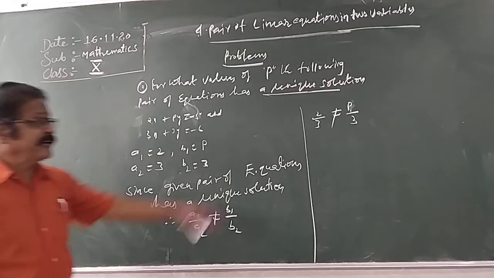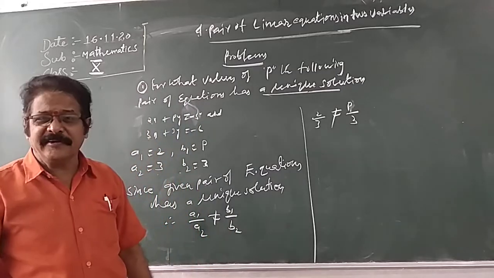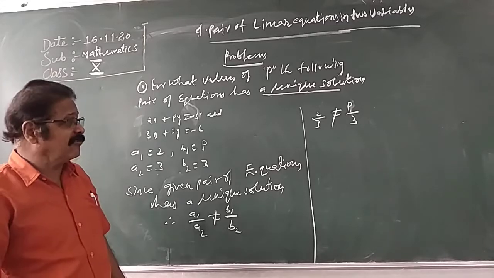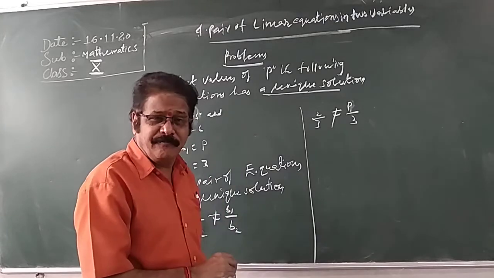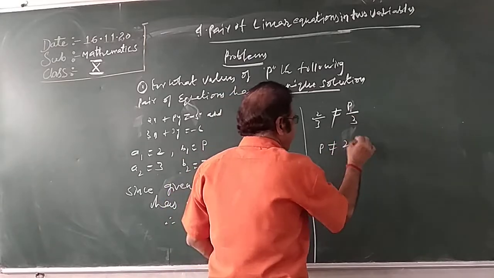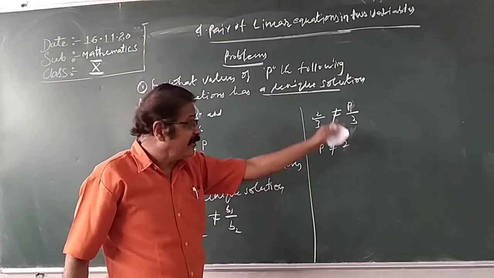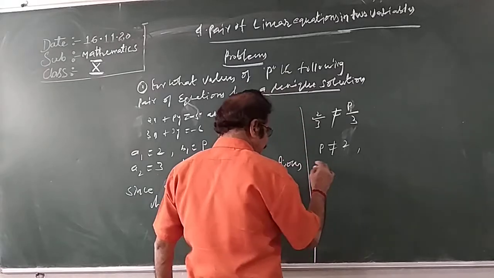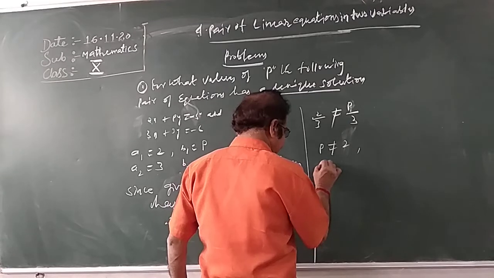So p is not equal to 2. P is not equal to means other than 2. So what are the values of p? Except 2.